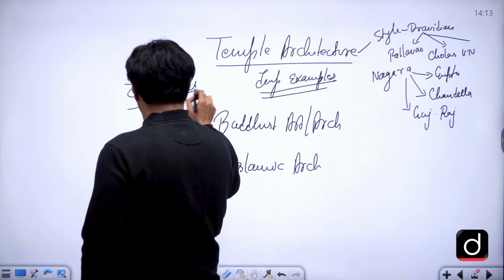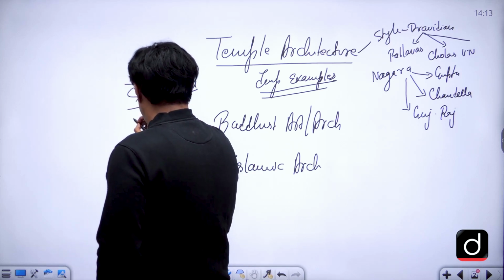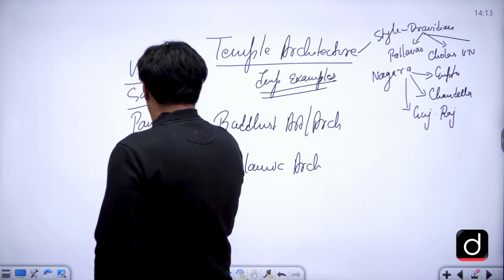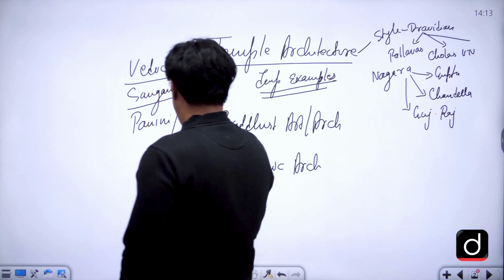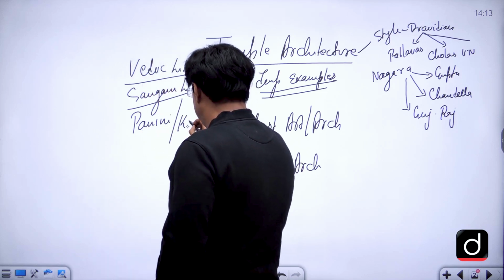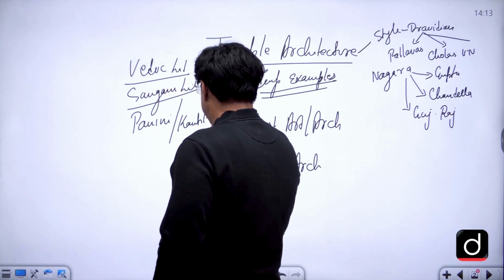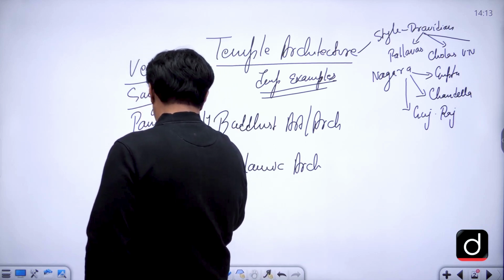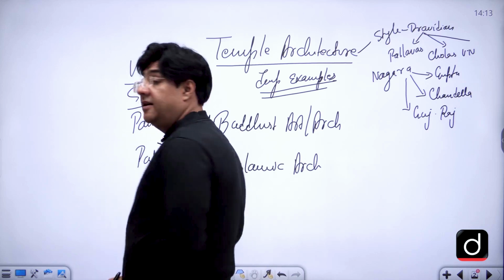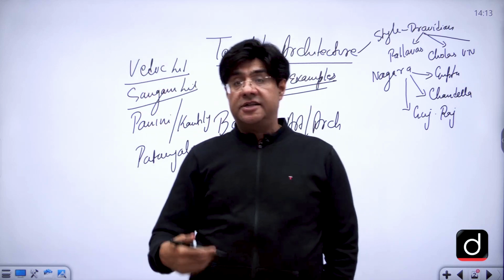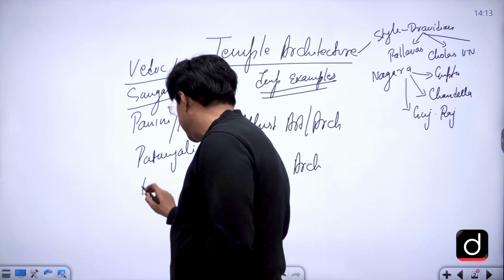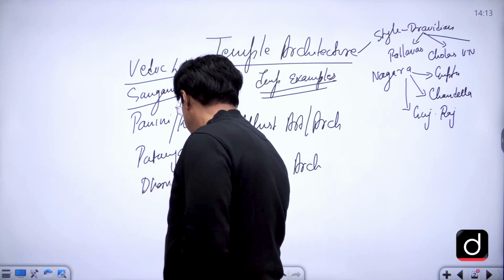Then here we will be doing some other secular literature like the texts of scholars like Panini, Kautilya, Patanjali, and more important, the texts which were written as law books during those times, the ancient and medieval ages, the Dharma Shastras.